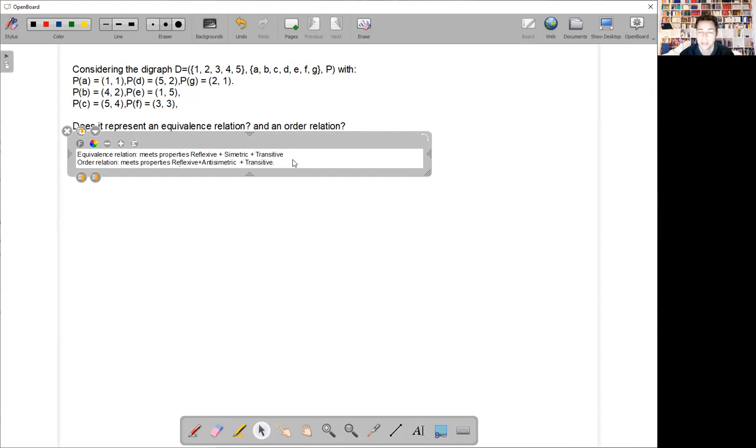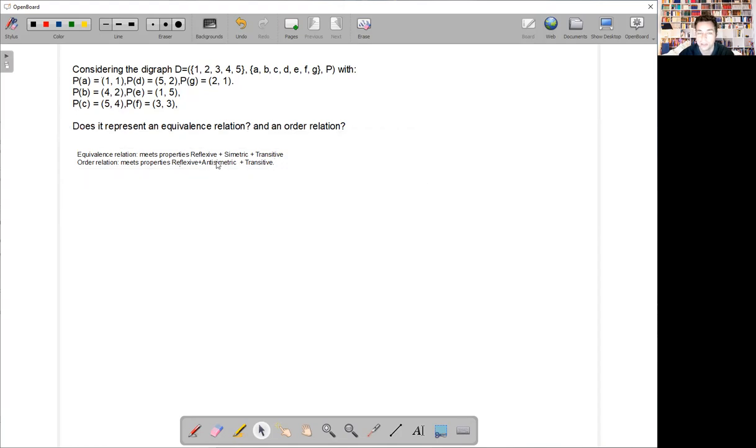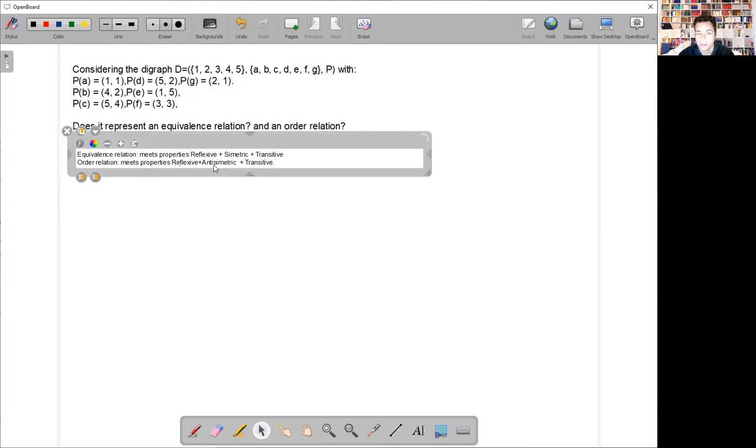Okay, so antisymmetric is the opposite of symmetric. So for the antisymmetric, if A is linked to B, B must not be linked back to A.